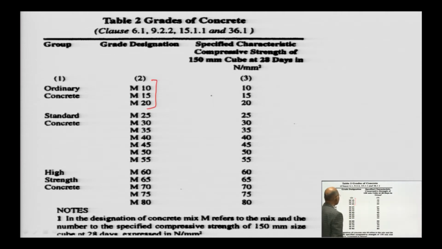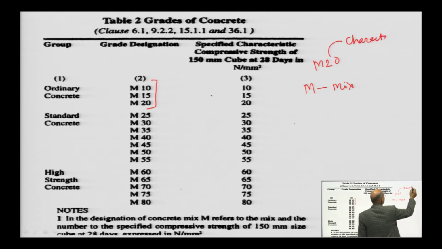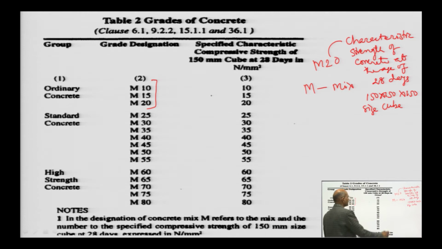M stands for mix, and the digit, say I am using M20, this digit is the characteristic strength of concrete at the age of 28 days, which is determined on a 150 by 150 by 150 size cube by standard method. These are the things we have to understand here.